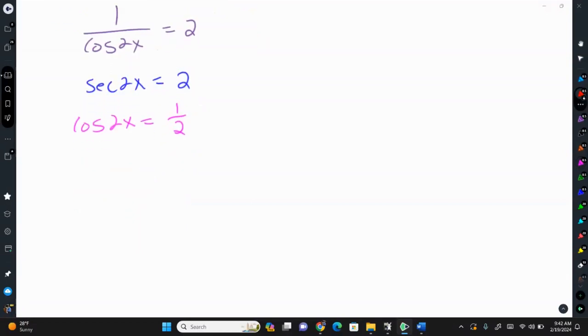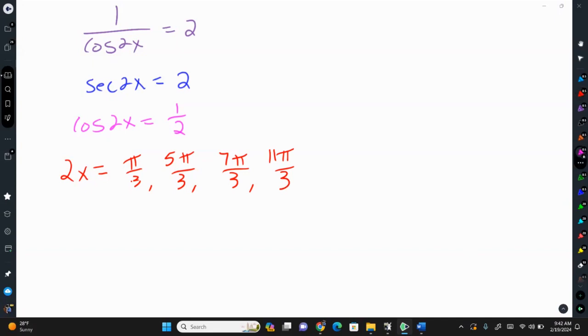So now when is cosine equal to 1/2? So 2x equals pi over 3, 5 pi over 3. And as we go around the circle again, that's going to be 7 pi over 3 and 11 pi over 3.